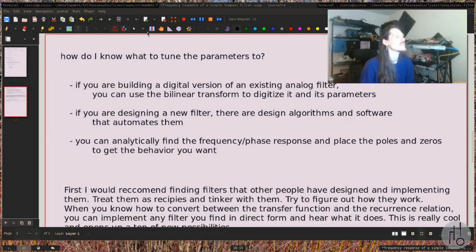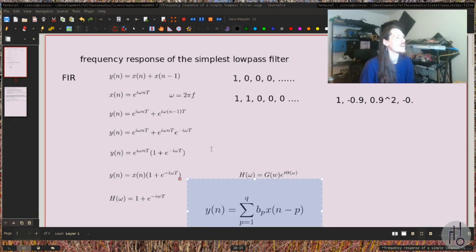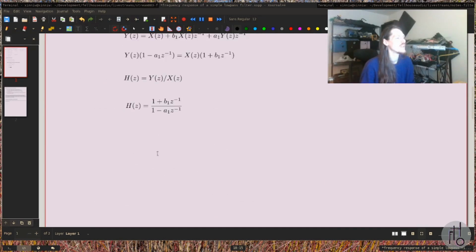A lot of filters that you find out in the world aren't going to be given to you in this form. They're going to be given to you in this form. So if you look up a paper on how to do this physical modeling thing or how to build this reverb, you're going to get the filter in terms of its transfer function.